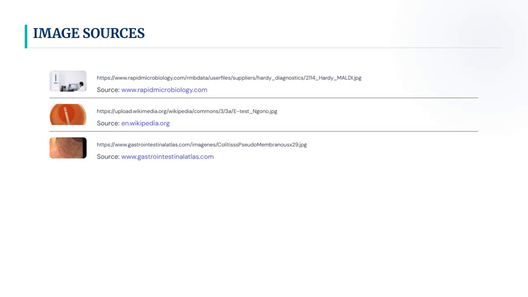These come from specialized websites focused on gastrointestinal health, microbiology, and diagnostic techniques. Citing these sources shows where the visuals originated and gives credit to the experts behind them. It also helps anyone interested in exploring the material further by pointing to reliable, authoritative resources.